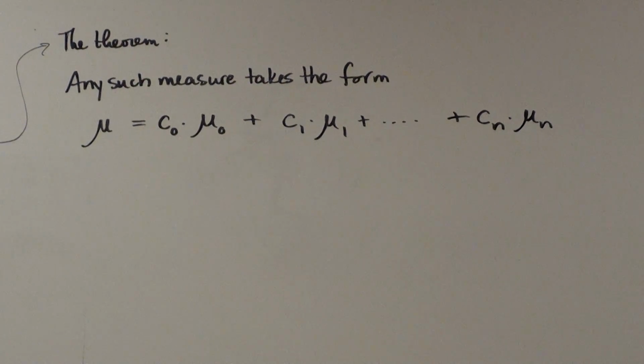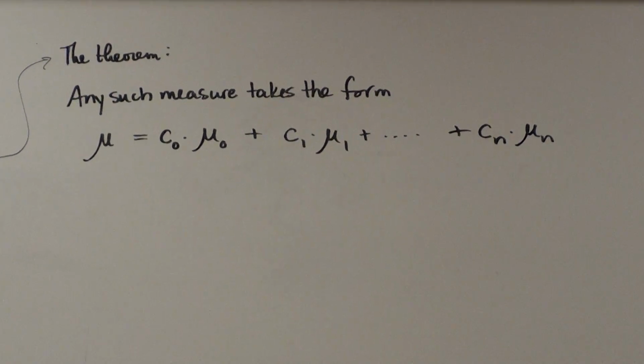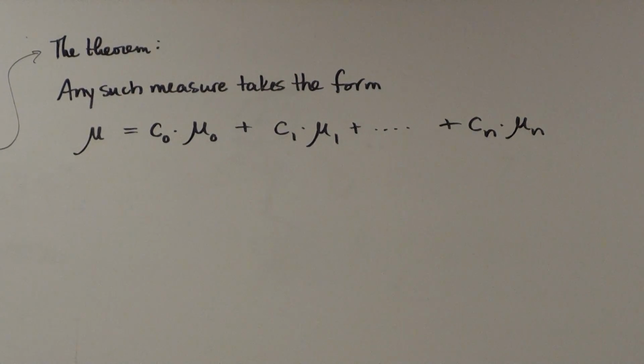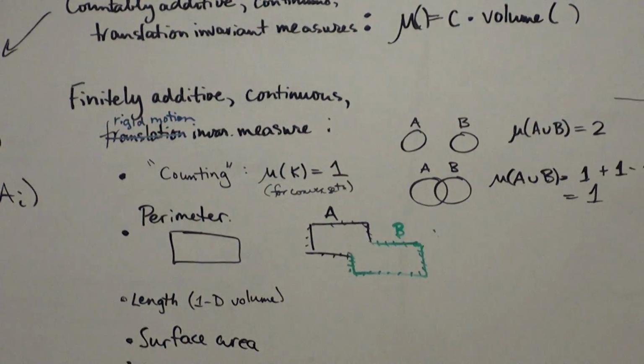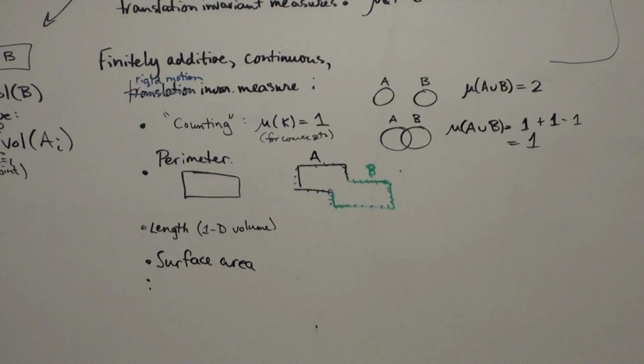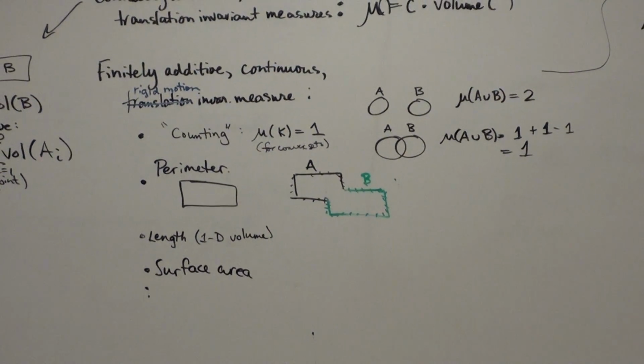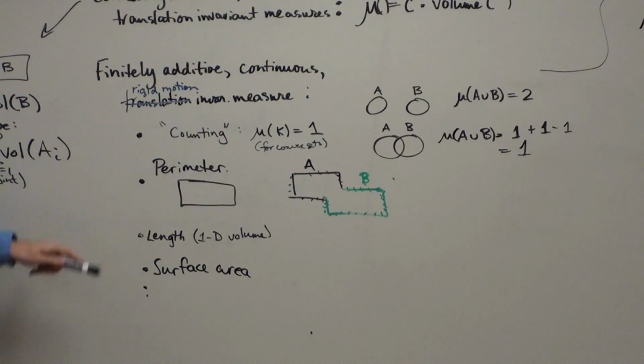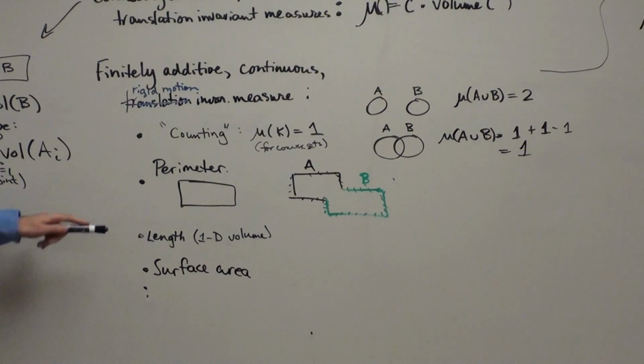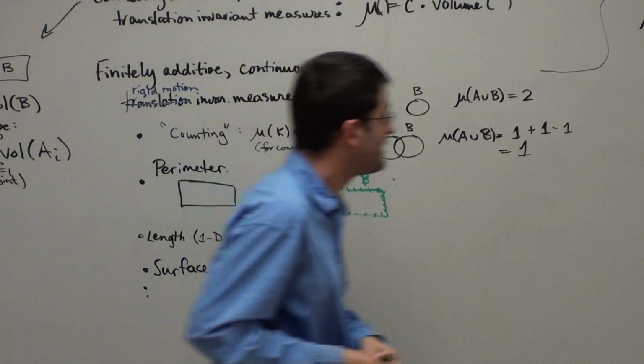So here's the theorem. These guys here are actually pretty much the measures. More specifically, we have one measure kind of like this in every dimension.